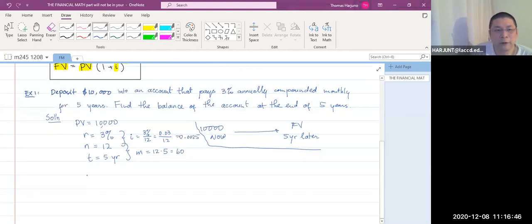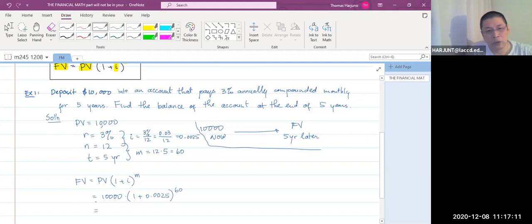Now the future value equals present value times 1 plus I to the M. The future value equals 10,000 times 1 plus 0.0025 to the power of 60. Then you use your calculator: 1.0025 to the power of 60 multiplied by 10,000.